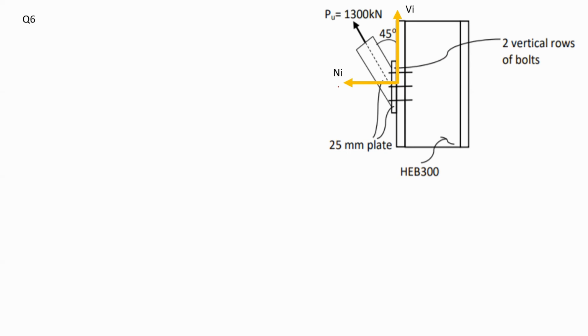How would you calculate VI and NI on each bolt? It's basically 1,300 sine 45 in order to get the X component of 1,300. I multiply by sine 45, and I divide by the number of bolts in order to distribute that normal force over all the bolts. So I have 919 divided by number of bolts. I keep it like it is because I don't have the number of bolts yet, so I keep it as a variable.